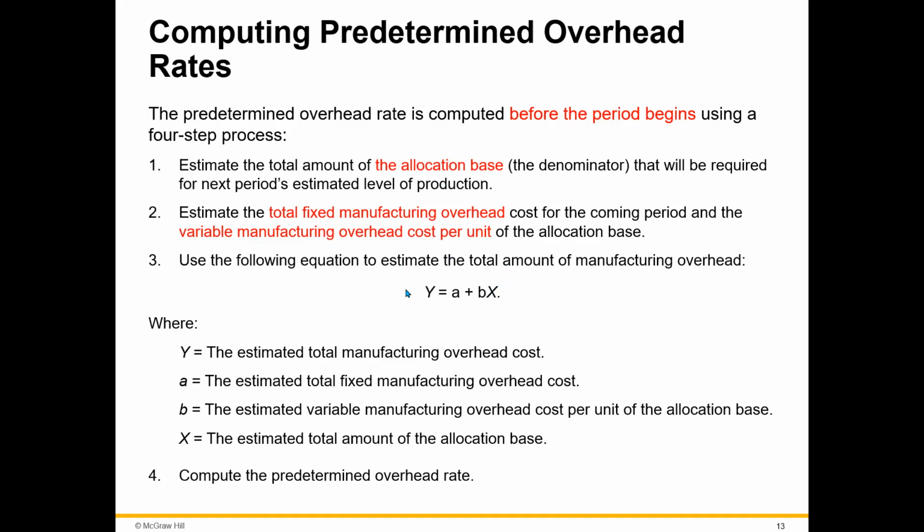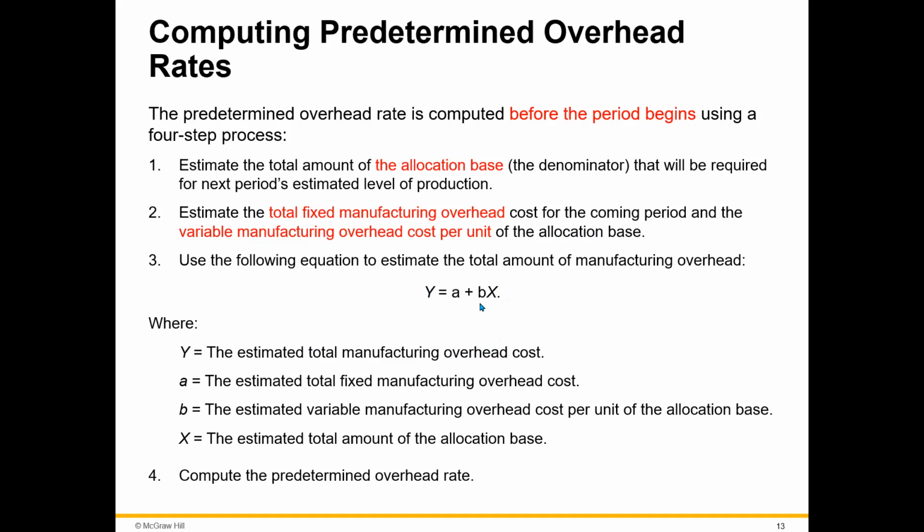So with all of these factors, because the X you can change, right? Once you determine the A and the B, you can estimate, say I'm going to use 100,000 total direct labor hours or 1,000,000 machine hours. So you can flexibly change the X to get an idea of the total manufacturing overhead.